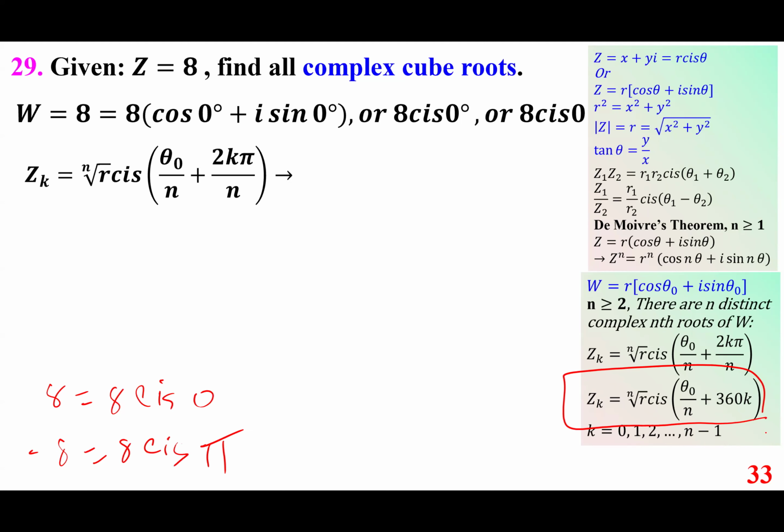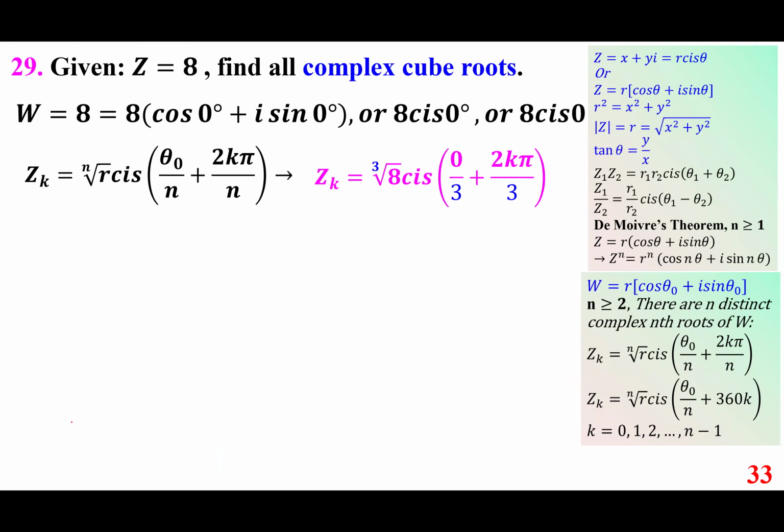We are going to add 2k pi, whether we want degrees or radians, this is divided by n. Whatever makes it easy is good enough.